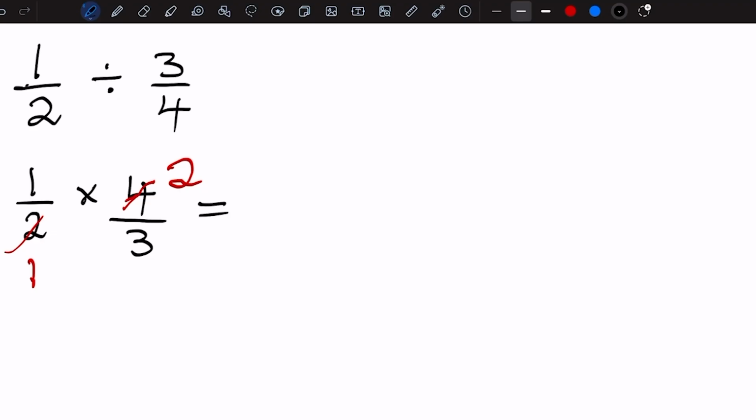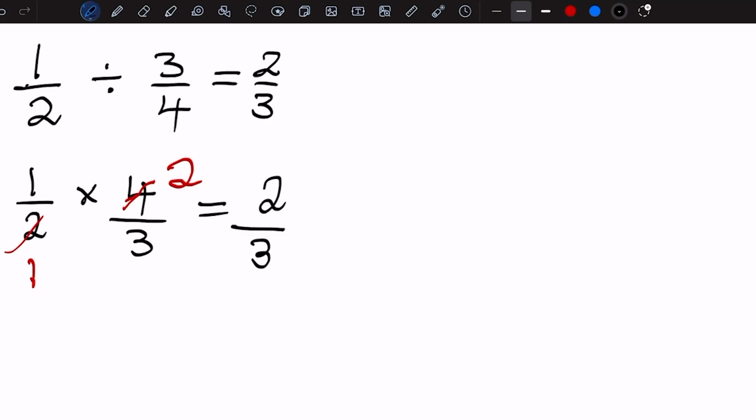So let's go ahead and multiply across now. 1 multiplied by 2 gives us a 2. So multiply numerators, multiply denominators. 1 multiplied by 3 is just 3. So that means our answer is going to be 2/3. So when we divide a half by 3/4, our answer is 2/3.